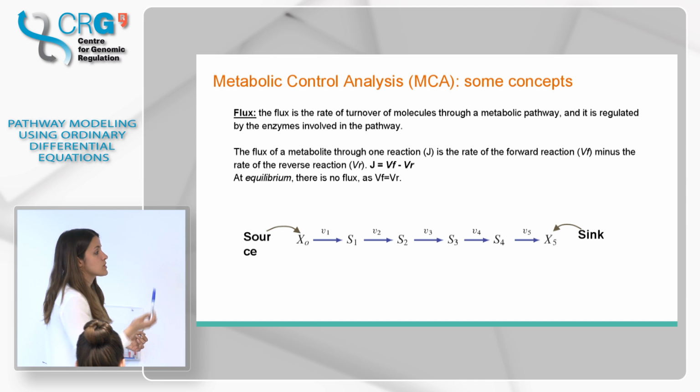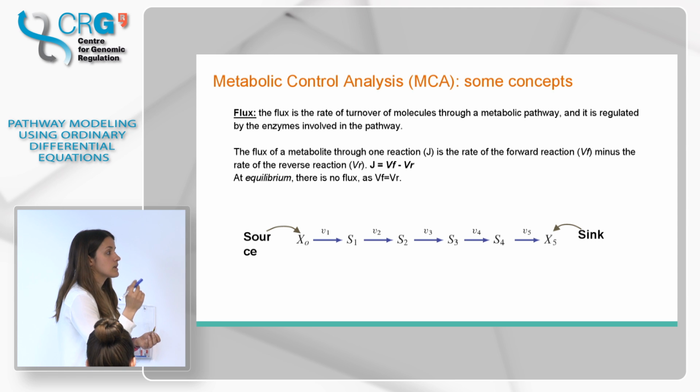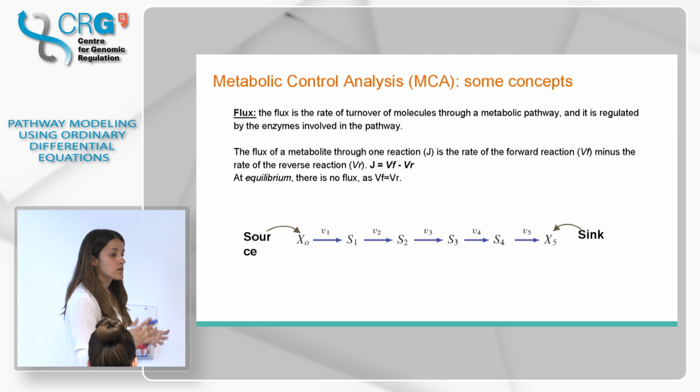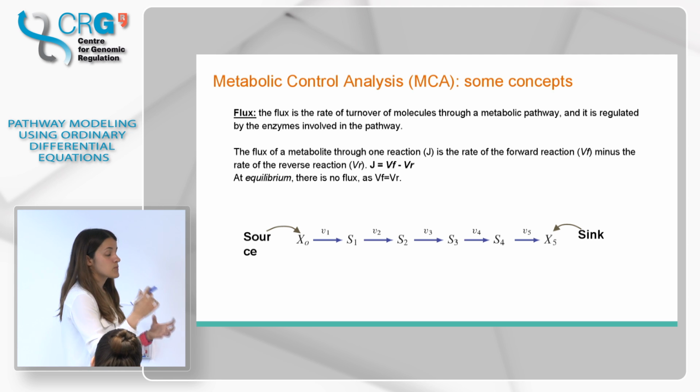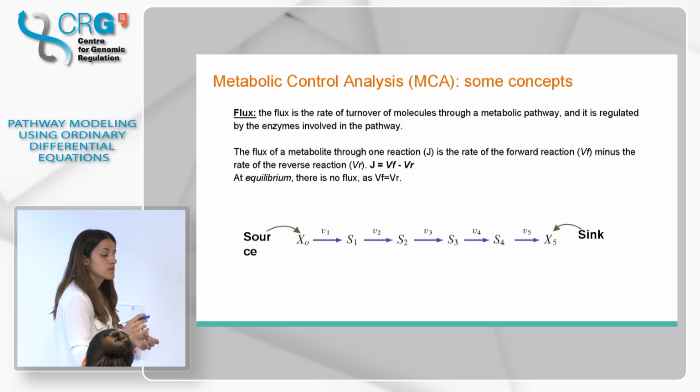This is very interesting because imagine that in this central carbon metabolism pathway, I want to maximize the production of pyruvate. I can calculate which are the reactions that have the largest control on the pyruvate concentration and try to overexpress the enzymes that are responsible for increasing the flux towards pyruvate.